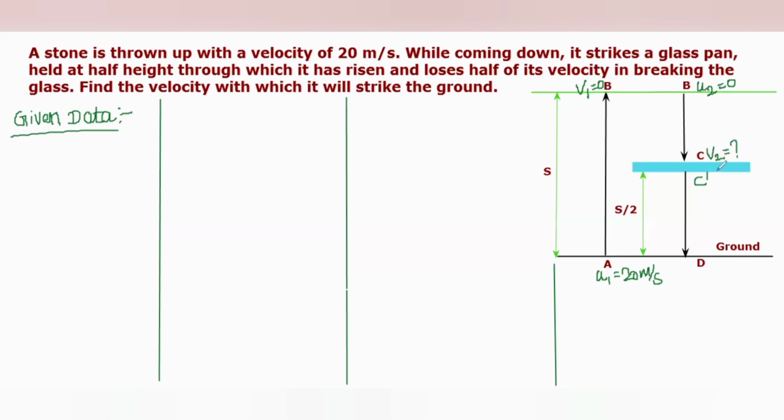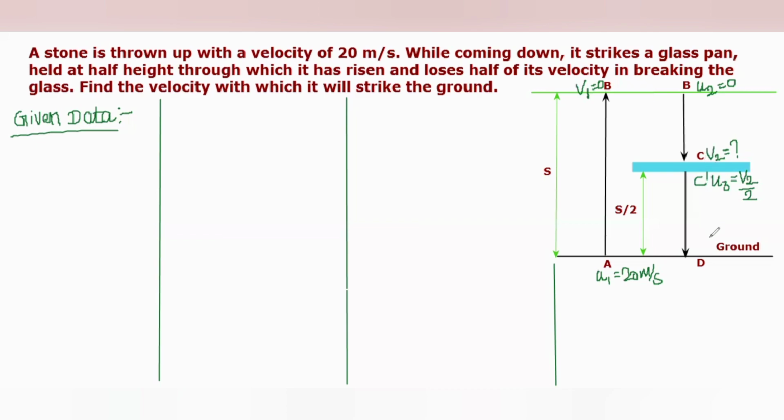So this one we can take as the third segment, U3. This U3 equals V2 divided by 2. At point C dash, U3 is the velocity with which it hits the glass window divided by 2, that means half of the velocity at which it hits the glass pan.